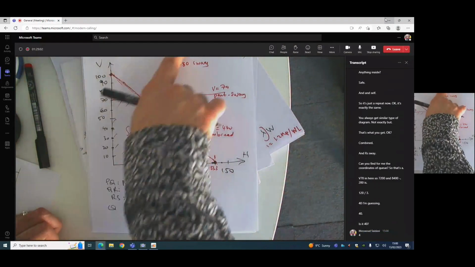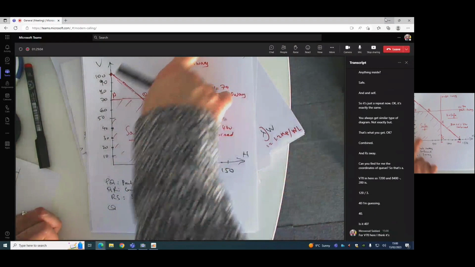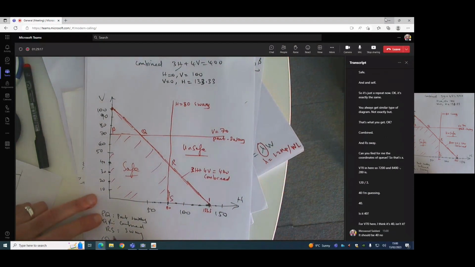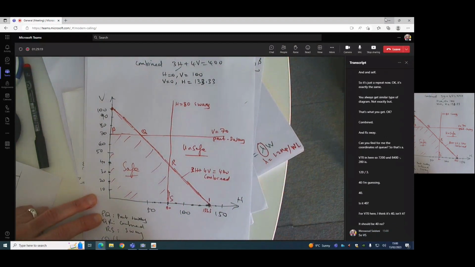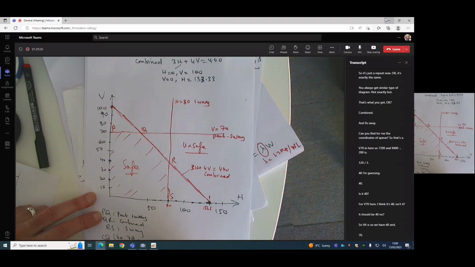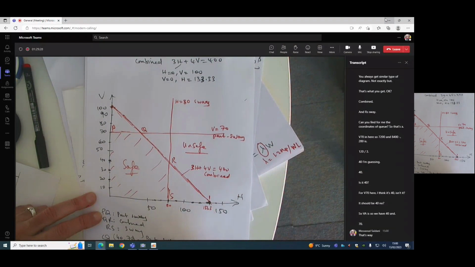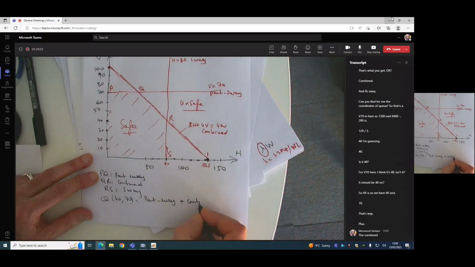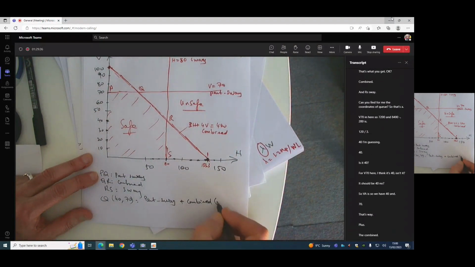For V equals 70 here, I think it's 40. So we have H equals 40 and V equals 70. Part sway plus combined over collapse.